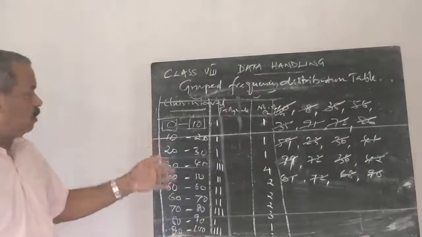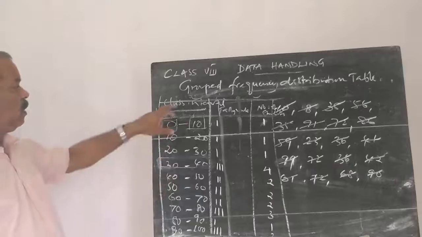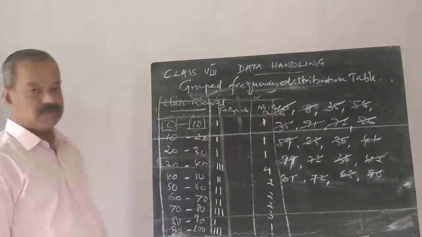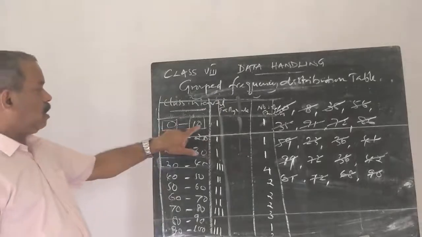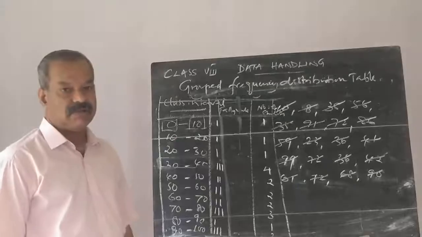What are the important aspects of a grouped frequency distribution table? Class interval, tally mark, frequency or number of students, upper class limit, lower class limit, size of class interval.